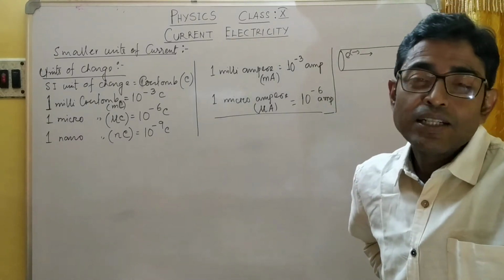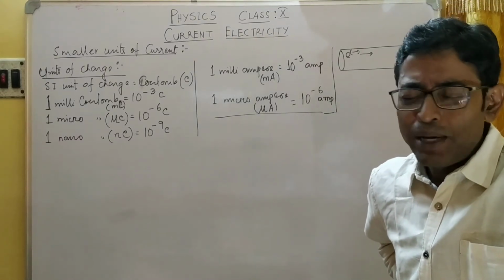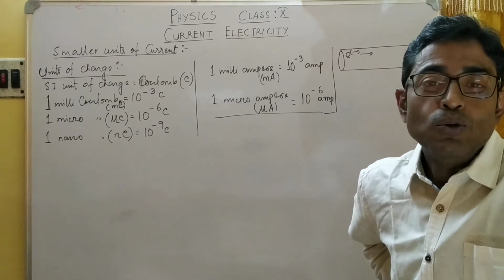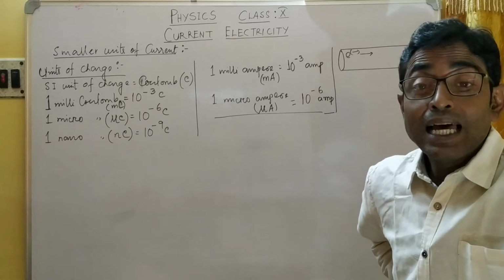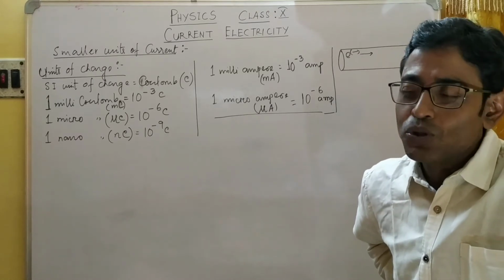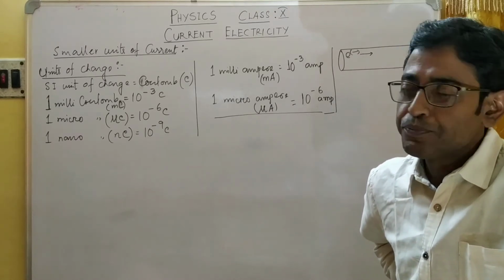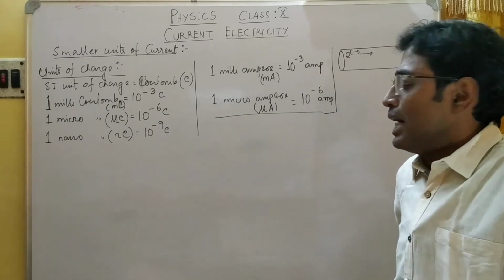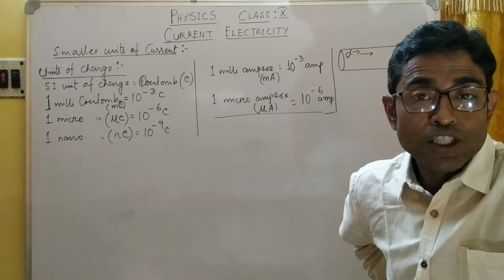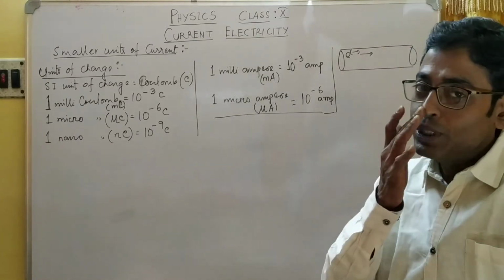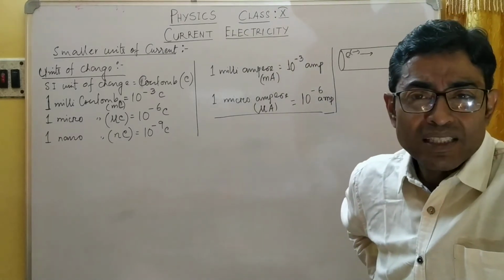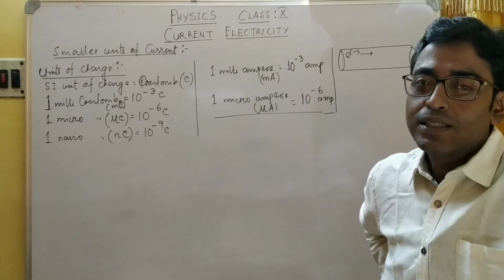Metals are good conductors of electricity, for example copper, aluminium, silver. Non-conductors do not allow the flow of electrons through them, that's why they are called non-conductors or insulators, such as wood, plastic, and most non-metals.